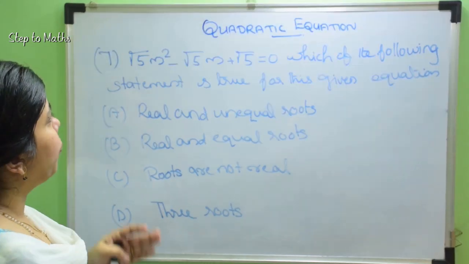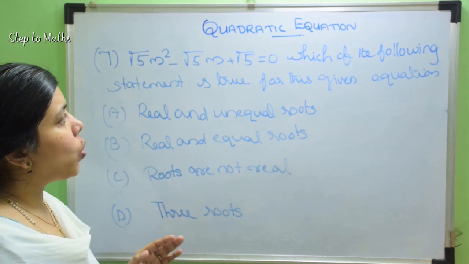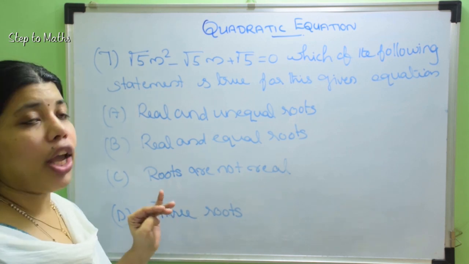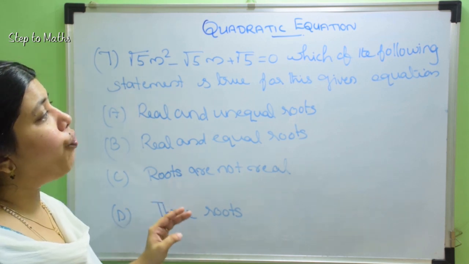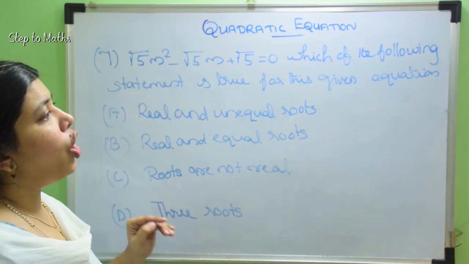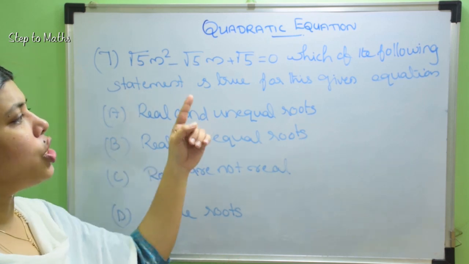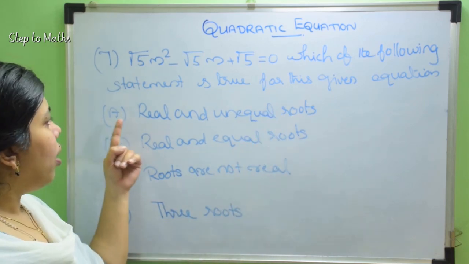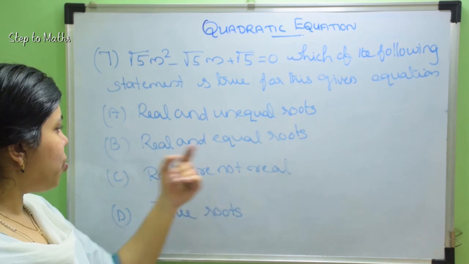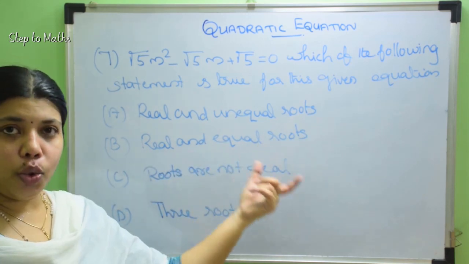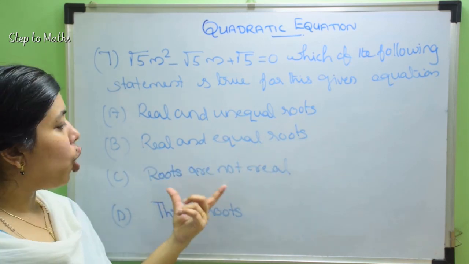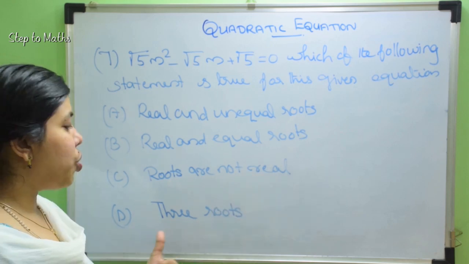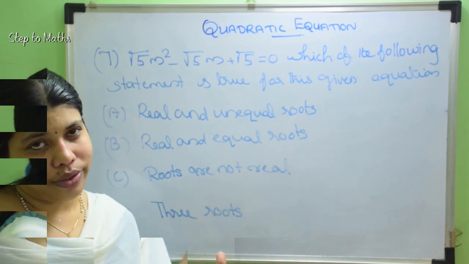7th question. Root 5 x square minus root 5 x plus root 5 is equal to 0. Which of the following statements is true for this given equation? Option A, real and unequal roots. Option B, real and equal roots. Option C, roots are not real. Option D, 3 roots.